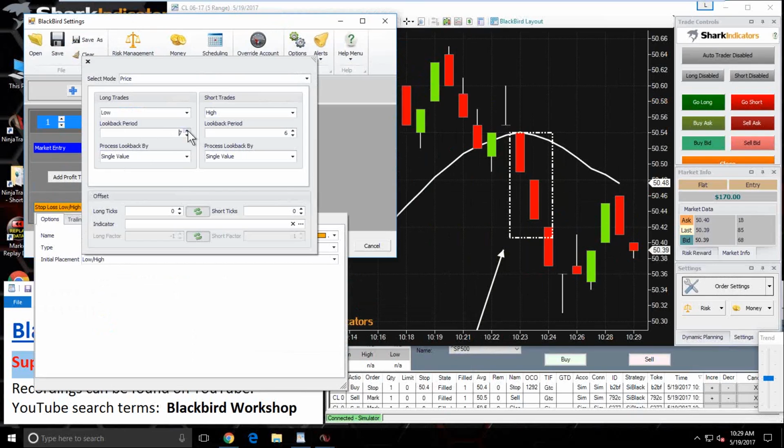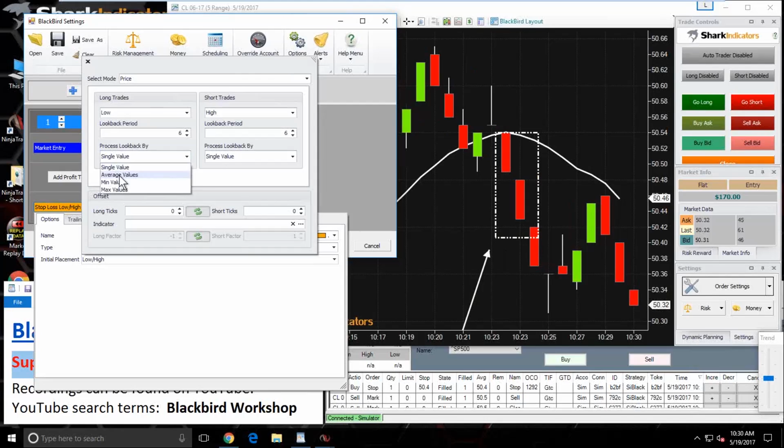And of course, if I go to 6, then we count back 6 bars and use that bar. So it'd be this red bar here, where my cursor is. Single value is pretty simple to understand. It's just the one bar, so many bars back.